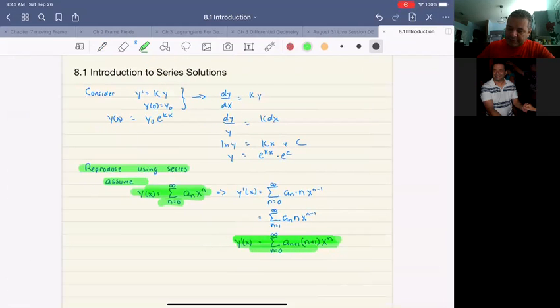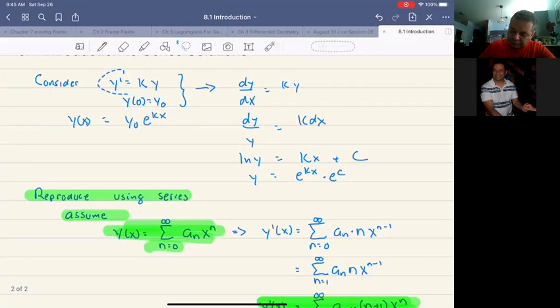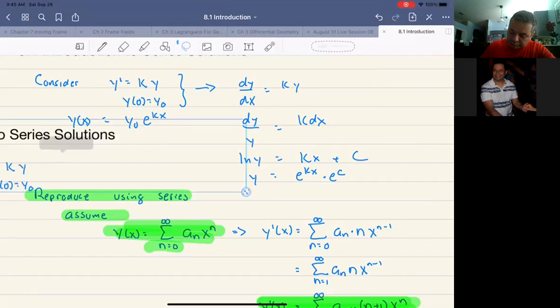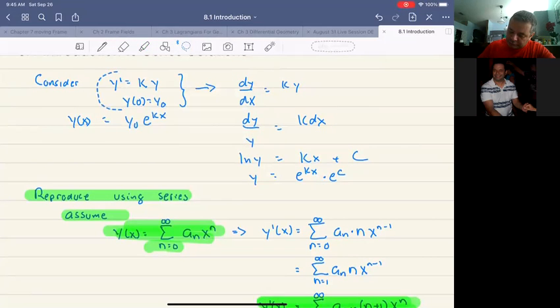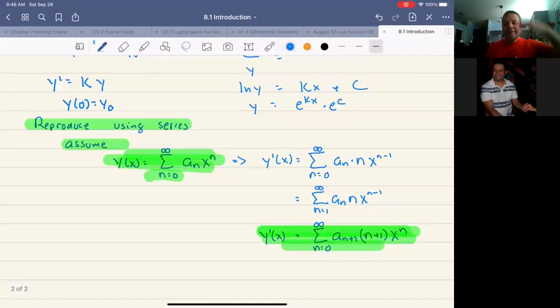Now we're going to go back to the differential equation. So we're back at the differential equation, and we're going to say y prime equals k times y.